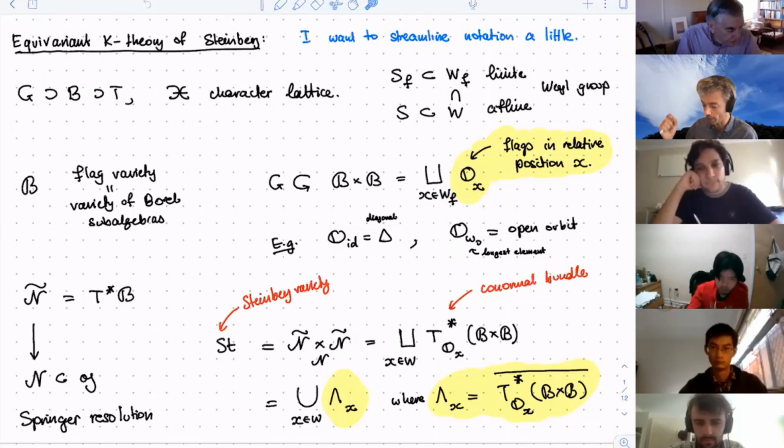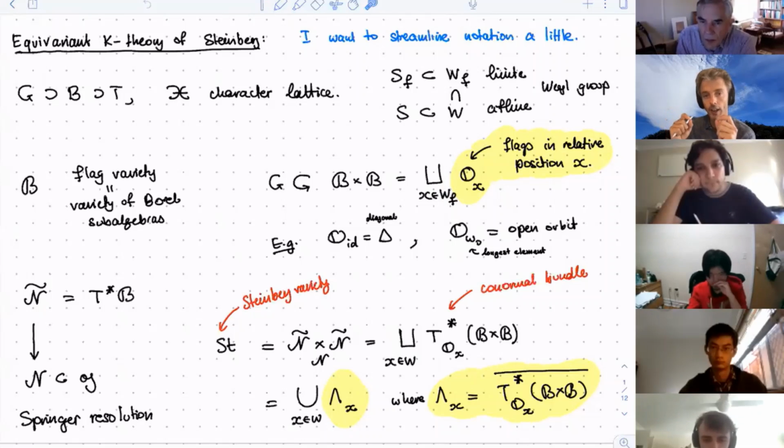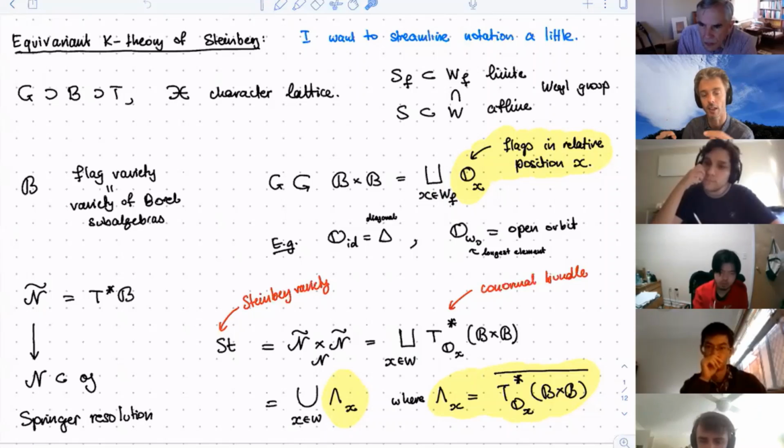So if you want to think about this in type GL_n, if I give you two flags, there is a single invariant of these two flags up to GL_n conjugacy, which is their relative position, which is a permutation. For example, if their relative position is the identity, then that means they're equal. And if their relative position is the longest element, then this means that they're transverse. So O_X denotes flags in relative position X.